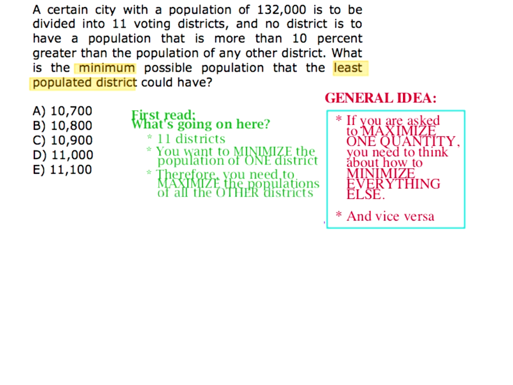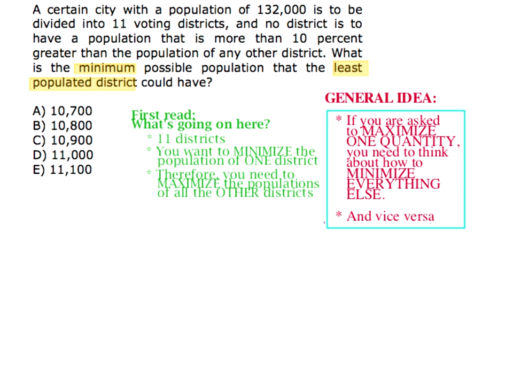Okay. And also, the deal is that in this problem, the populations don't have to be different numbers. And there's absolutely nothing distinguishing districts from each other, which means that all of the other maximum districts are going to have the same population because there's no reason why they wouldn't.